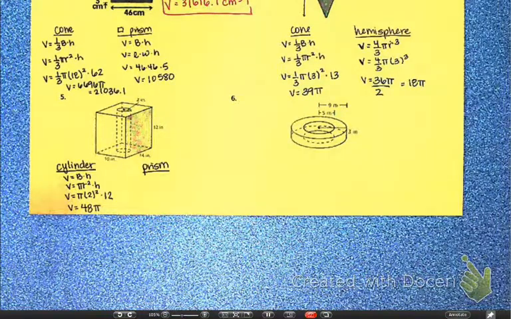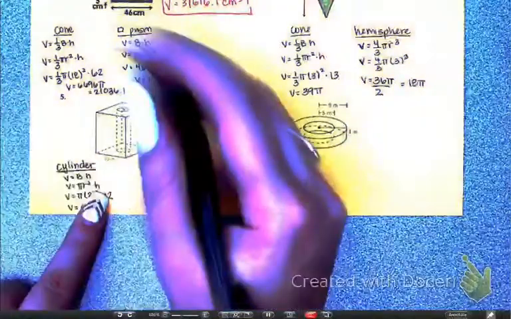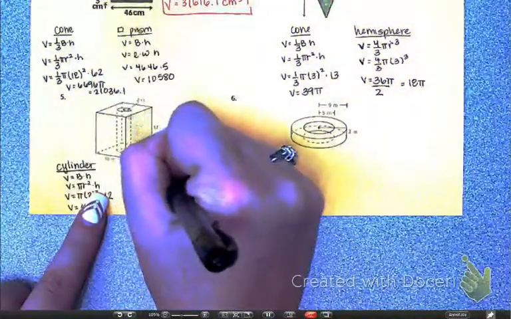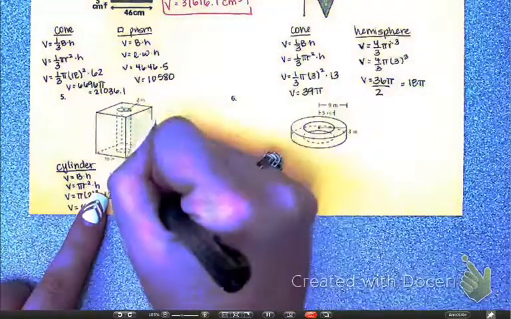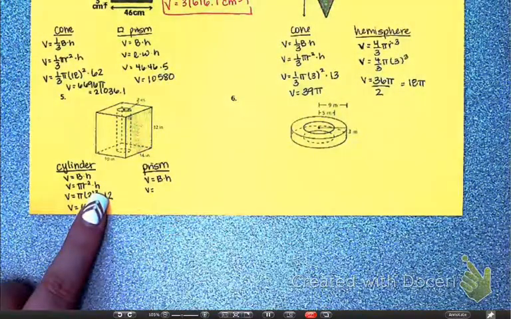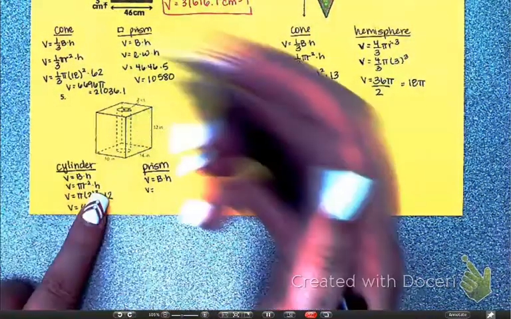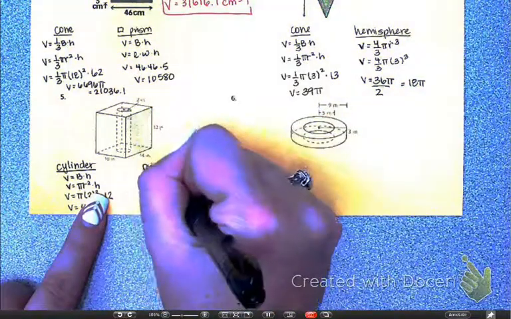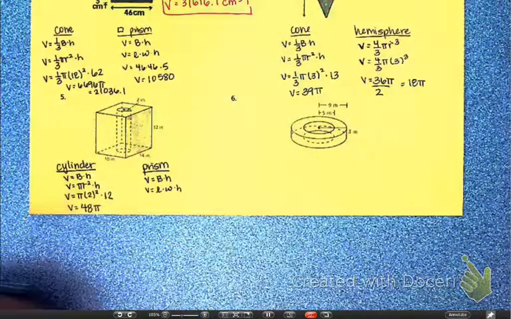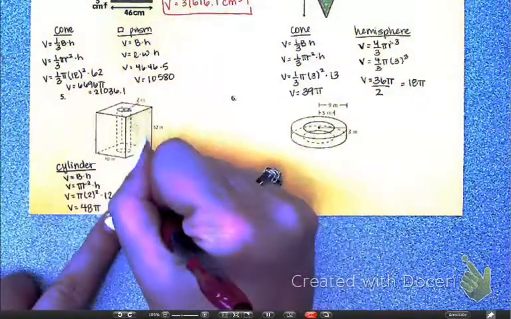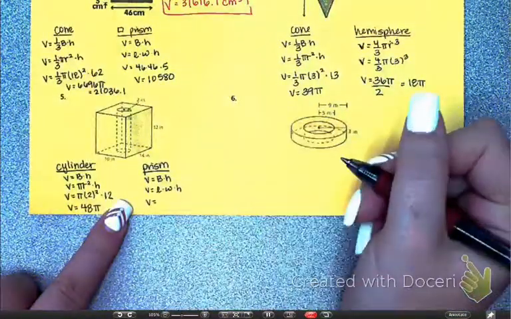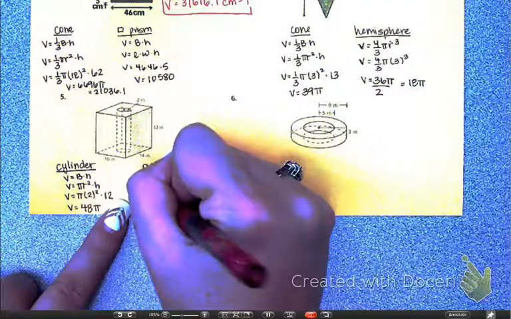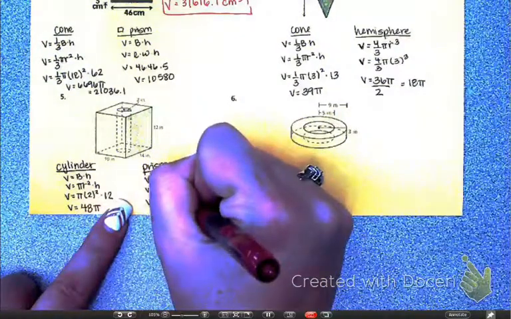Okay, let's deal with the prism. General formula is base area times height. And the base area gets replaced with what? Length times width. So what is the length and the width of this prism? 10 and 14, and the height is 12.